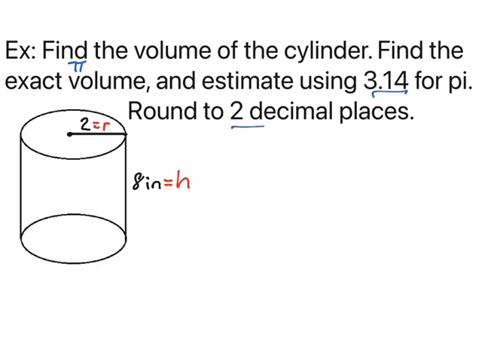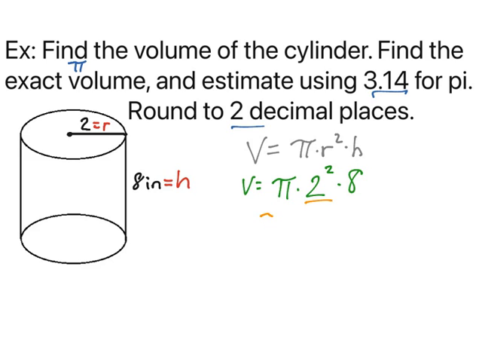This is our height. So if our volume is pi r squared times the height, we can plug in what we know. We are going to keep the pi symbol for right now. We're going to find the exact one first. The radius is 2. I'm going to square it, and then times 8. Order of operations says let's square that first. So 2 squared is 4.